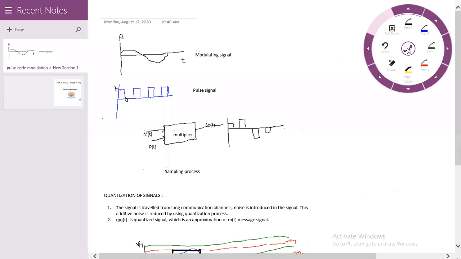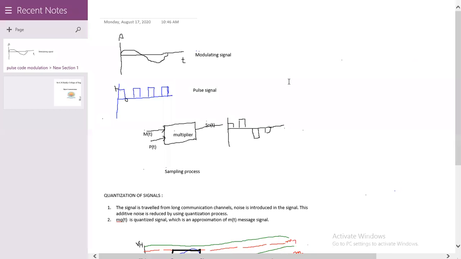If 1 is multiplied with the analog signal, let us assume the amplitude is 0.2, then 0.2 multiplied by 1 gives 0.2 at the output. We also multiply the other pulses with the signal.